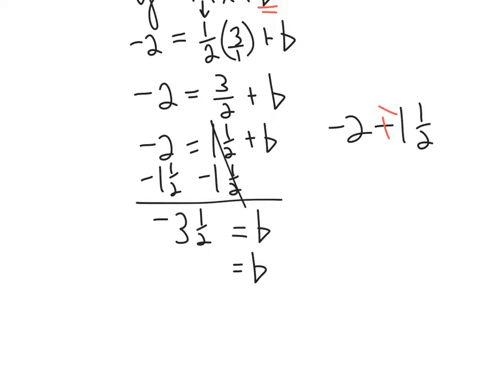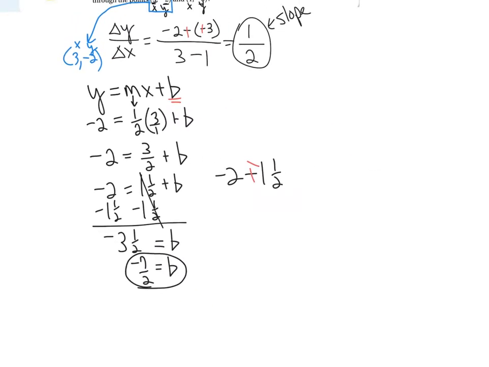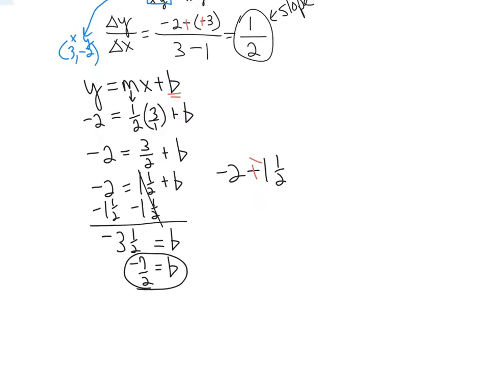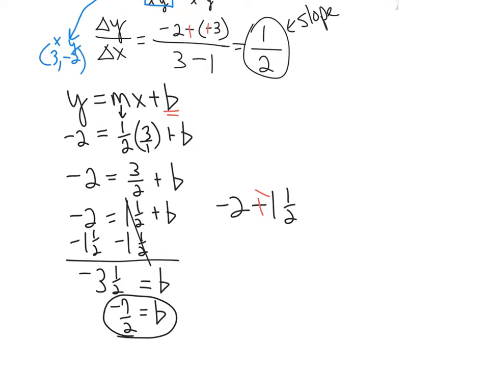And then a lot of times what they'll even do on this is they'll put that back as an improper fraction. So that would be -7/2. Okay, if you leave it as -3.5, that's okay. So now we know our slope and we know our y-intercept.